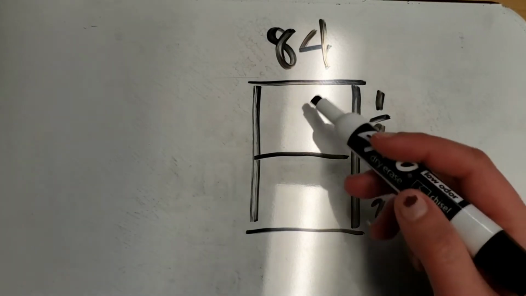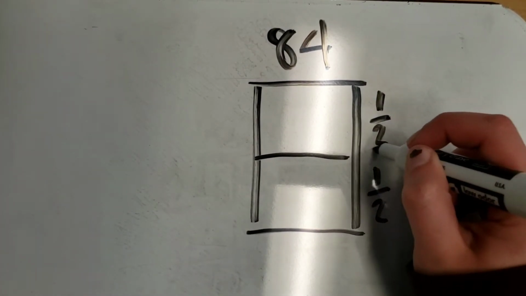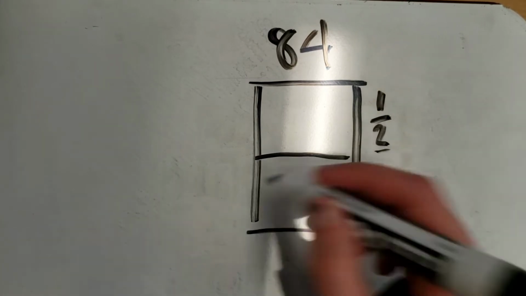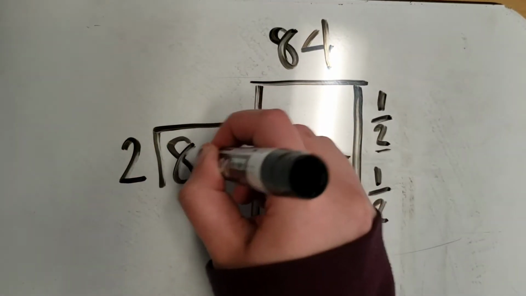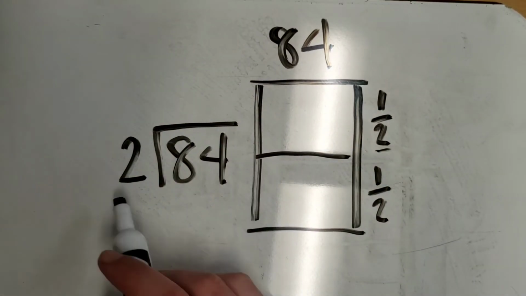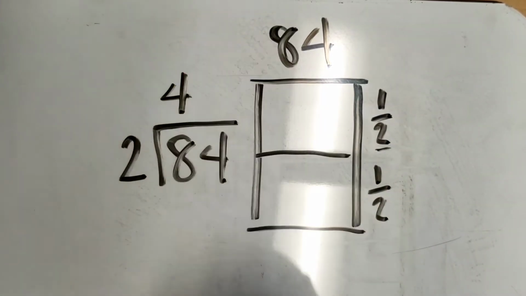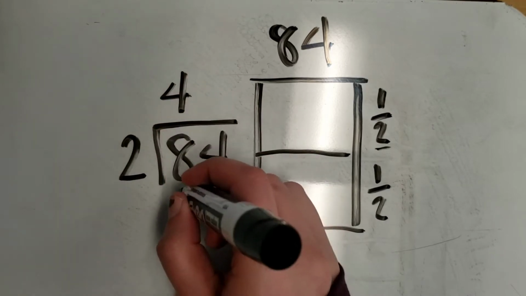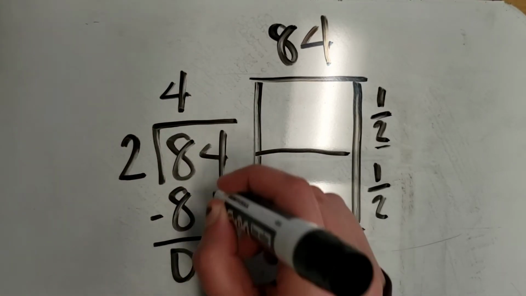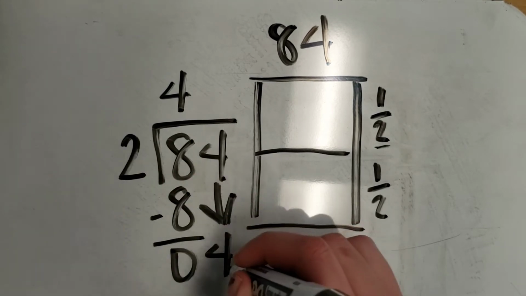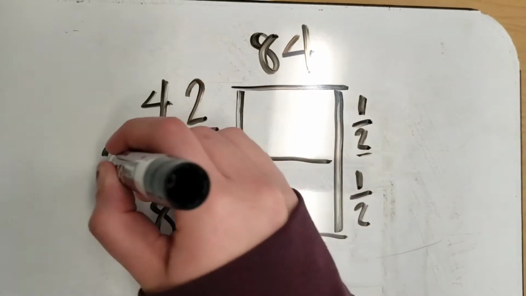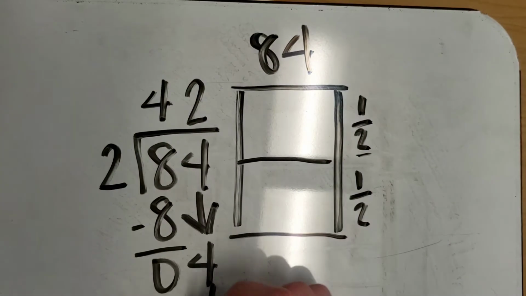Now, to find out what these are, we are going to, again, divide by 2. So, we're going to do 2 on the outside, 84 on the inside. 2 goes into 8 4 times. 2 times 4 is 8, which equals 0. We move down that 4, and 2 goes into 4 2 times, and 2 times 2 is 4.